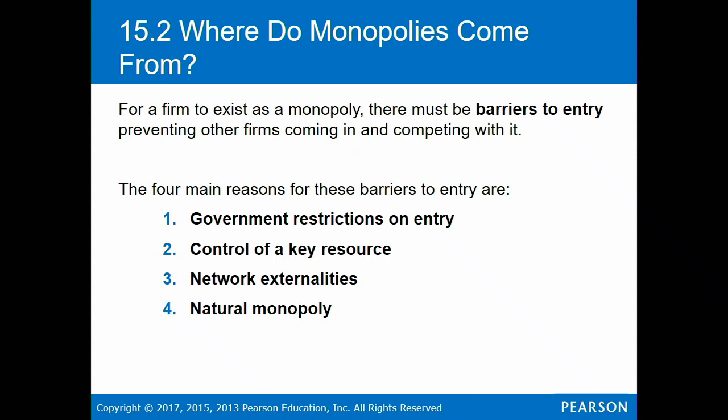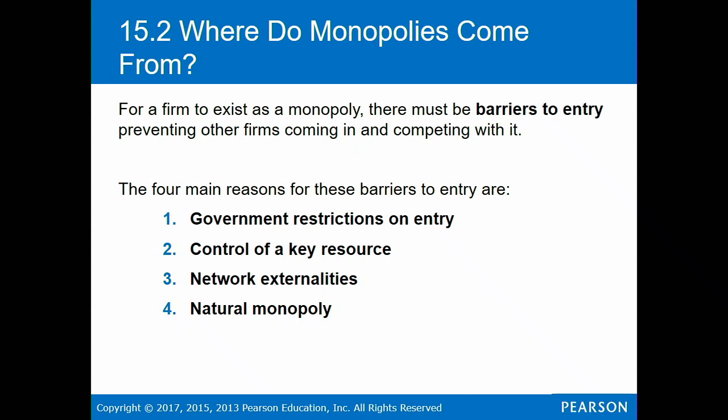But the first is government restrictions on entry. So the government says you're not legally allowed to compete against this entity. That gives them a lot of market power, and that gives them very high barriers to entry. They can also have control of a key resource. If they're the only one that's able to access, say, aluminum, they'll have a monopoly in the aluminum market. Another example is network externalities.